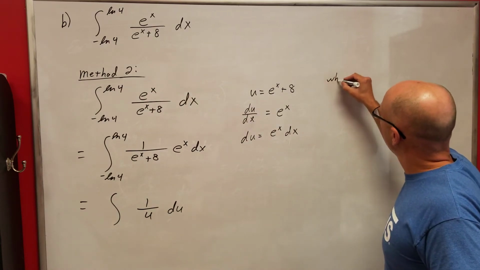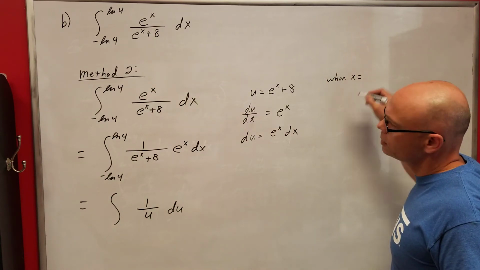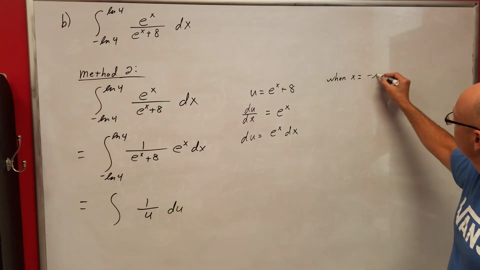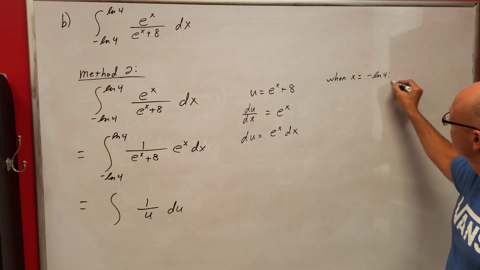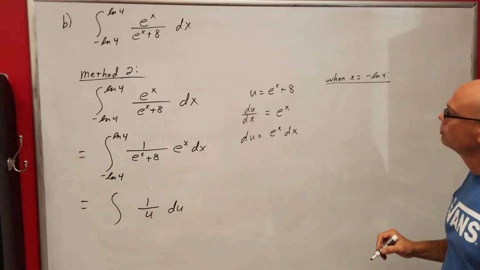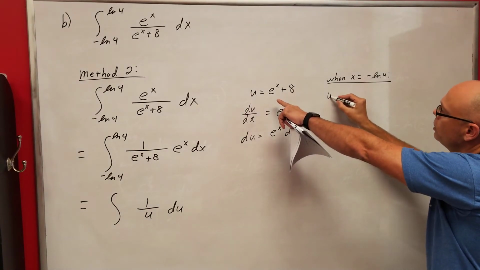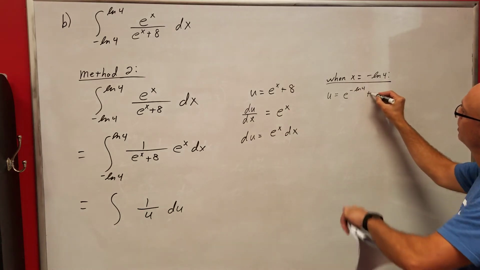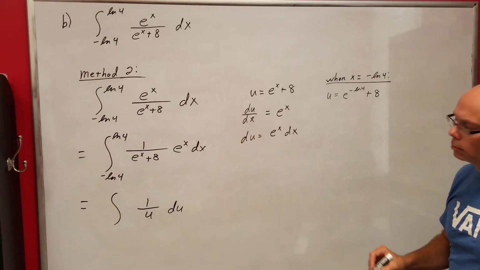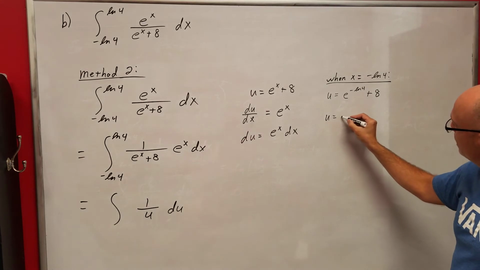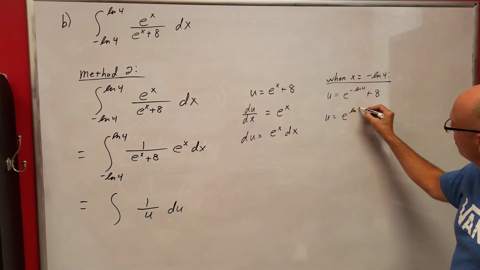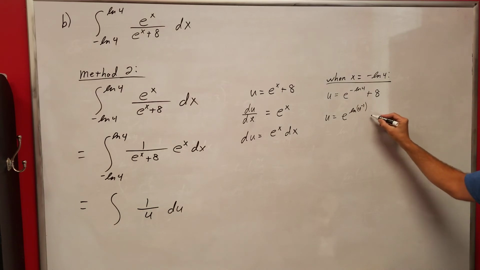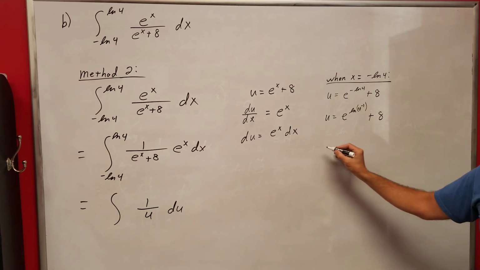So when x is equal to negative natural log of 4, what are we going to have? Well, let's see. U will be equal to e to the negative natural log of 4 plus 8. Or I can say u is equal to e to the natural log of 4 to the negative 1 plus 8.